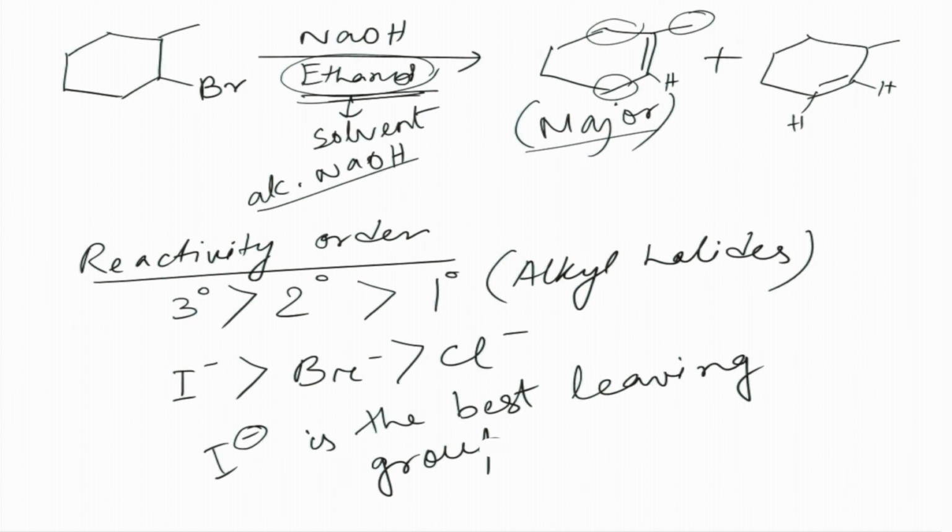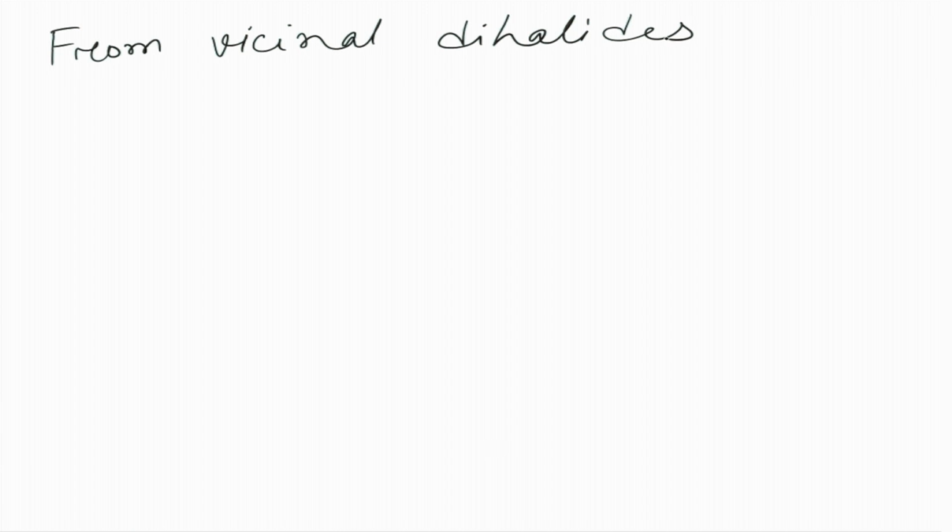Now the next method for the preparation of alkyl halides is from vicinal dihalides. Okay. What is vicinal dihalides?